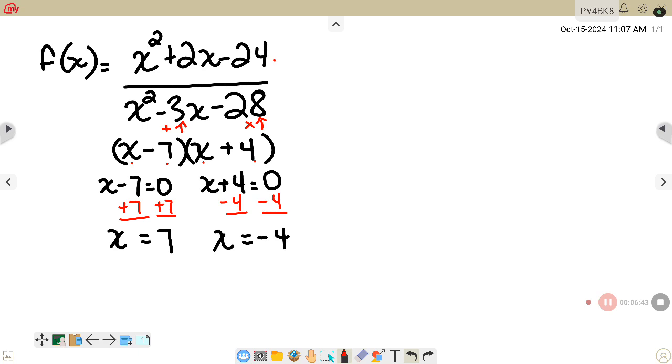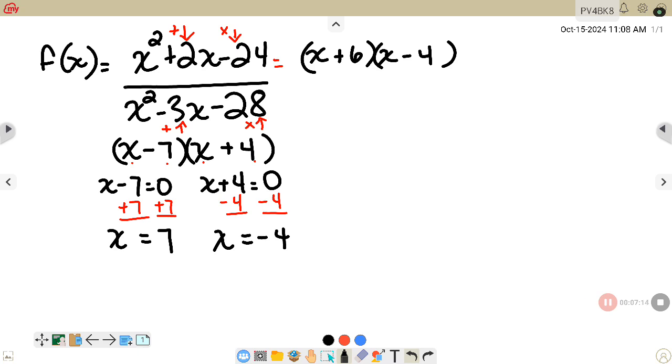So I am going to write the numerator also in its factored form. So I will have x and x for x squared. Now remember, the last numbers have to multiply to negative 24 while adding to positive 2 in this case. And I will do that with a positive 6 and a negative 4.